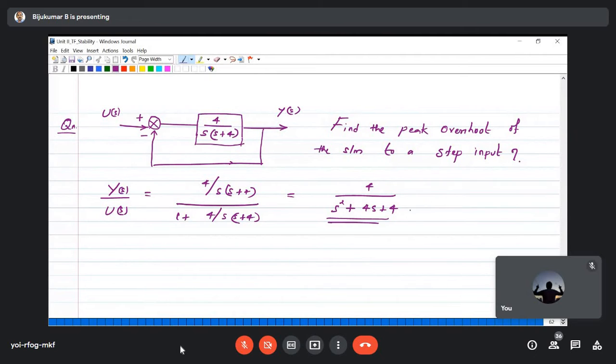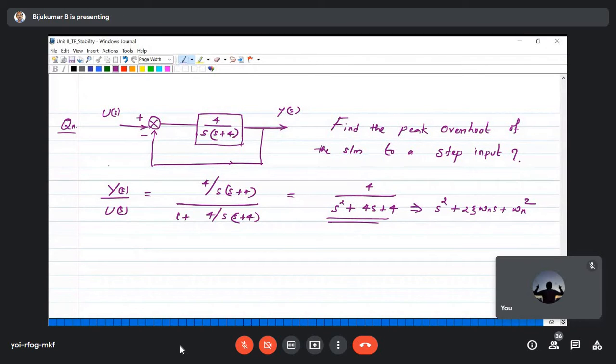Right? So this is a second order system. If you compare with the standard transfer function of the second order system, s square plus 2 zeta omega n s plus omega n square, right? In order to find the peak overshoot, you need zeta.